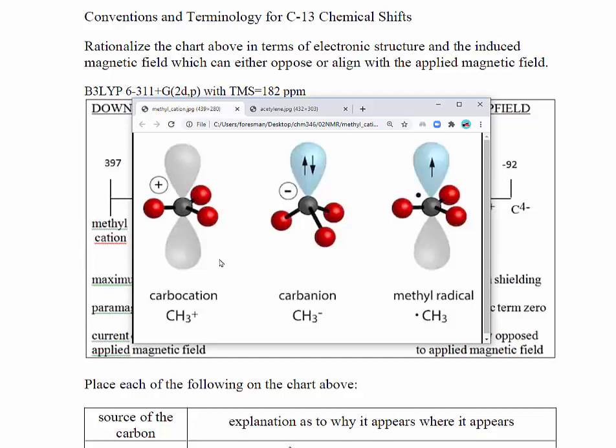So that means when we put this methyl cation in a magnetic field, the electrons, rather than opposing that magnetic field, will actually allow the magnet to stir them up and go from the bonds into this unoccupied orbital. So it'll actually increase the magnetic field at the nucleus.